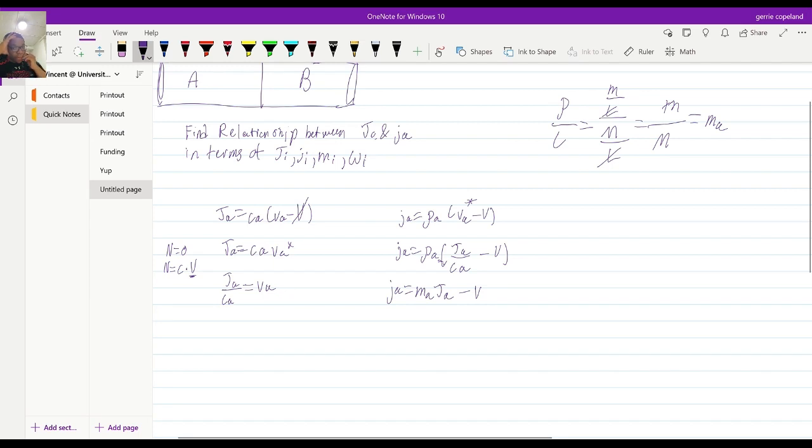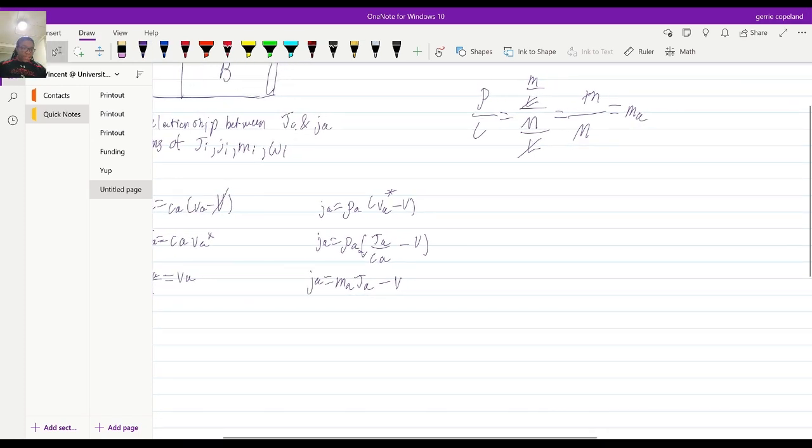So, halfway there. We now need to see if we can change the terms of this velocity. How can we move this around?